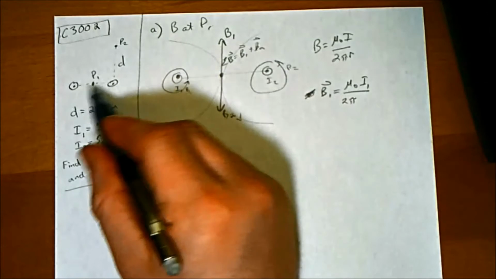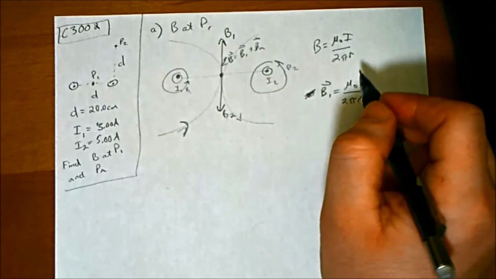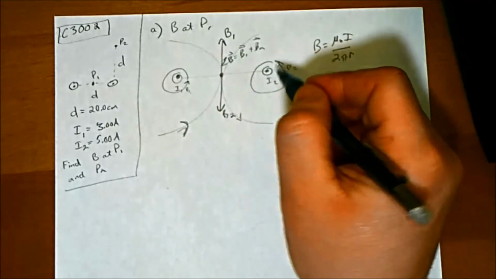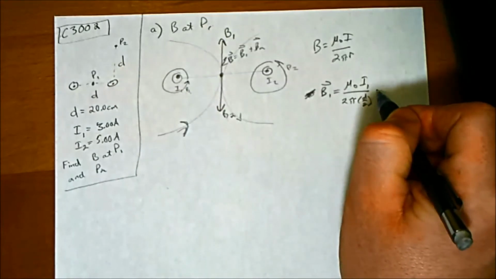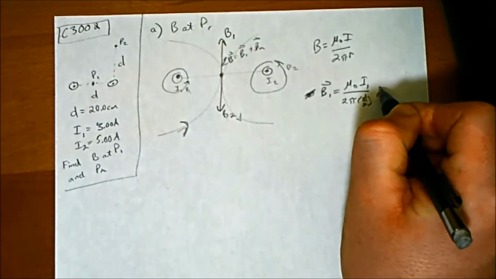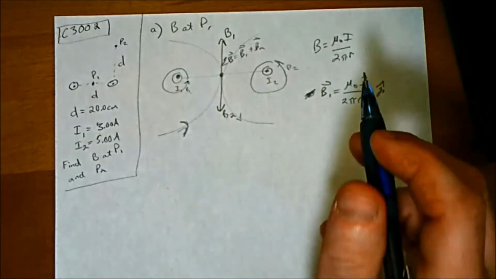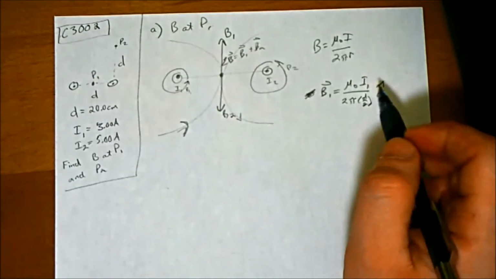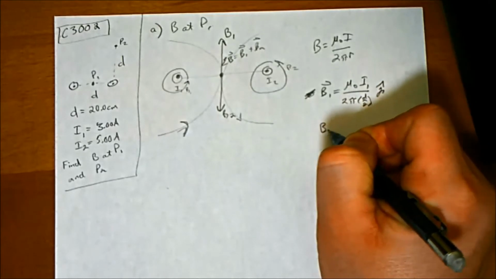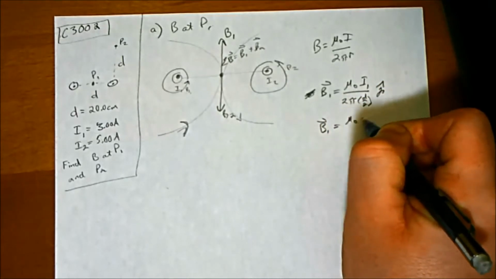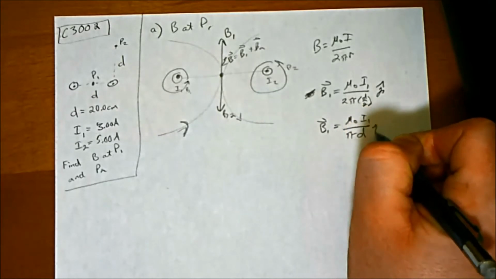The distance between the two wires is d, so r must be d over 2. And what is the direction? Given the convention, right is positive i hat, up is positive j hat, so we can say that is in the positive j hat direction. Now, I'm multiplying d over 2 times 2, so let's simplify this a little bit: B1 is mu naught I1 over pi d j hat.